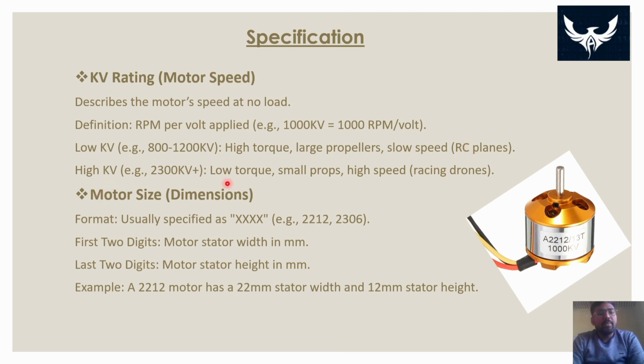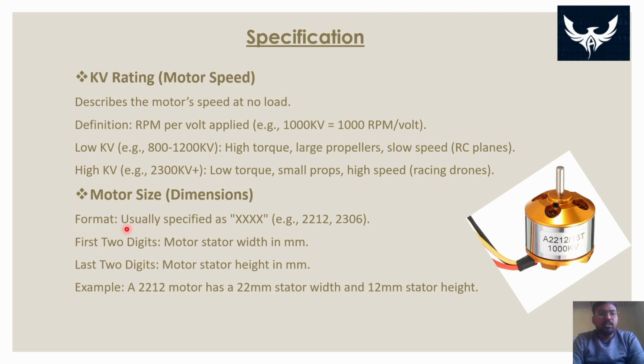High KV has low torque, small props, and high speed, so it is used in racing drones, as it has high speed. Here in this figure, you can see 1000 kV mentioned. This is the kV rating.